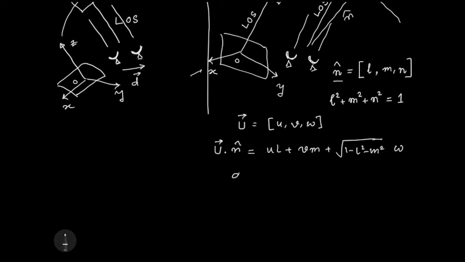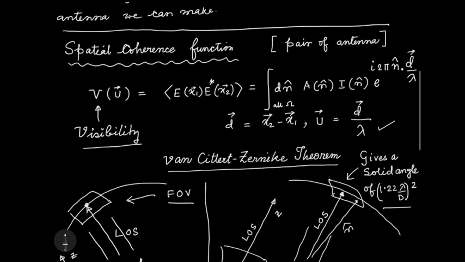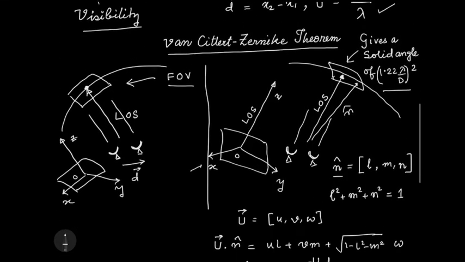Also, one can calculate, I am not doing it here, that dn cap can be written as dl dm, integration over only two variables because the other is not independent. So if I use all these, I can now write the van Cittert-Zernike theorem.